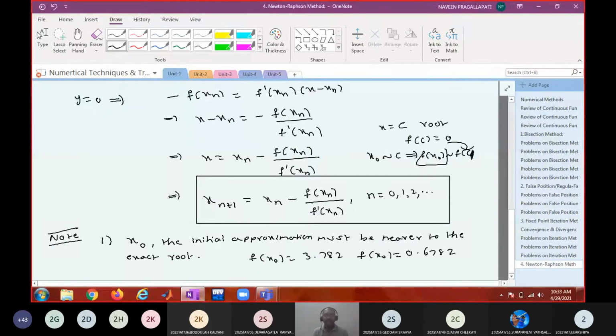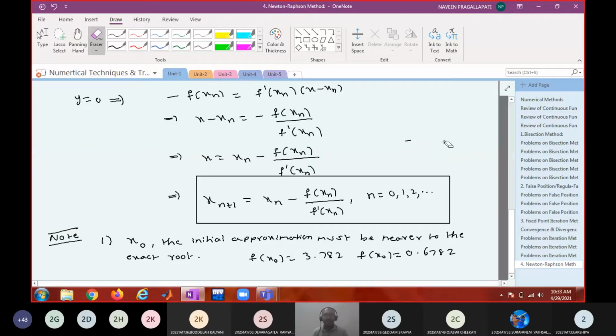Therefore, if the magnitude of the functional value is nearer to 0, that means your approximation is nearer to the root. That is what I said. So the magnitude of the functional value itself is an indication of whether your initial approximation is nearer to the exact root or not.